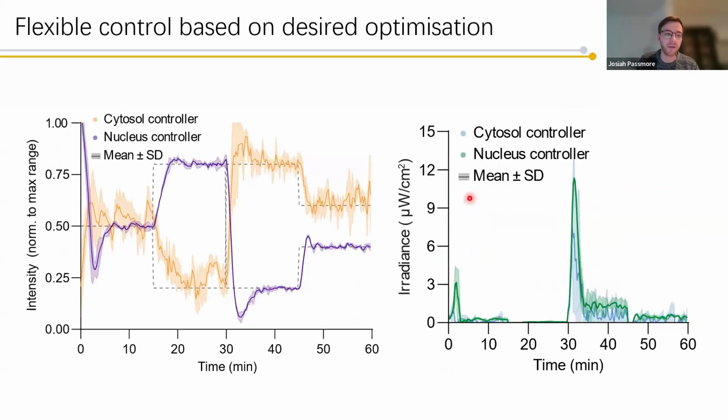And if you average this out, then you get a very nice demonstration that depending on the optimization that you want, either on the cytosol or the nucleus, the controllers are able to bring it to those different set points. And because they're inverted controllers, the output from the controller is actually the same, where you need to increase your illumination in order to either increase the cytosol concentration or decrease the nuclear value.